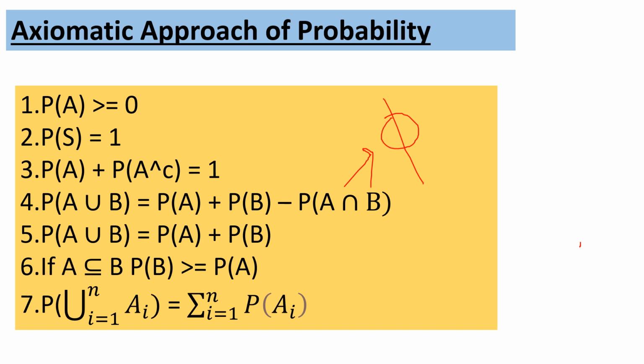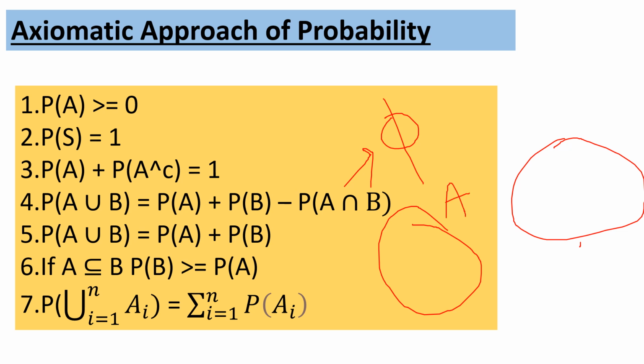A is subset to B is nothing but ఇది event A అనుకుంటే, if you consider this is event B, and here what is saying, A is subset to B, which is nothing but inside the B there is A. అంటే ఏమవుతుంది, B అనేది సూపర్ సెట్, this is the superset and A is the subset.